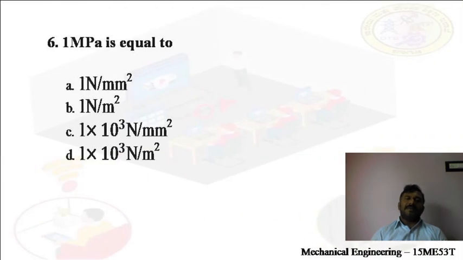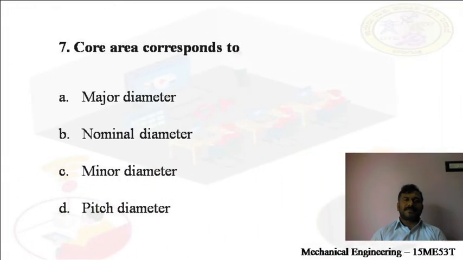Next, 1 MPa is equal to how much? 1 Newton per mm square, 1 Newton per meter square, 1 into 10 raised to 3 Newton per millimeter square, 1 into 10 raised to 3 Newton per meter square. Next one, core area corresponding to which diameter? Major diameter, nominal diameter, minor diameter, pitch diameter.